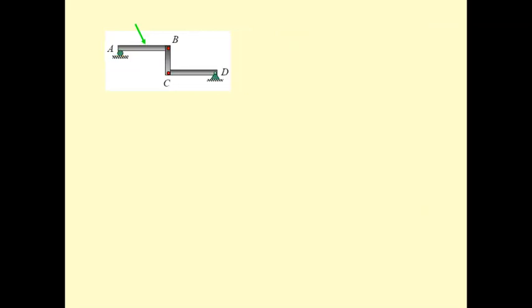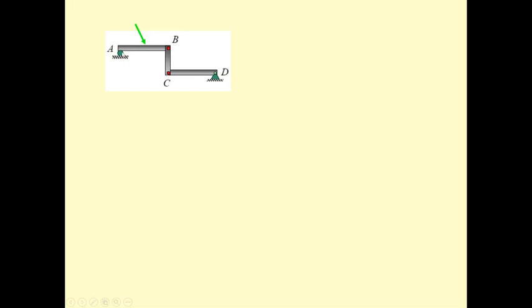Again, this is also an interesting structure. There are 3 parts: one is AB, another is BC, another is CD. B is a hinge and C is a hinge.